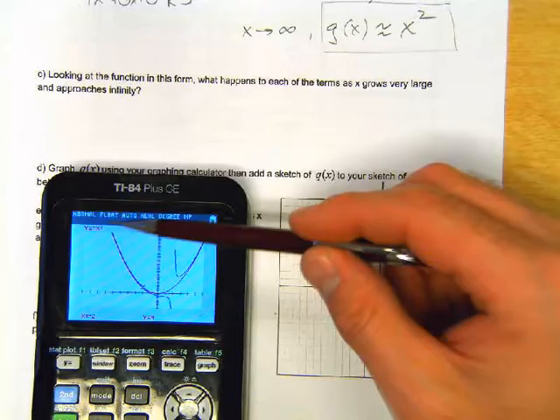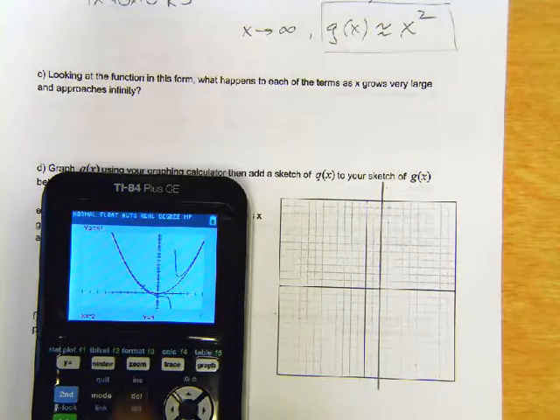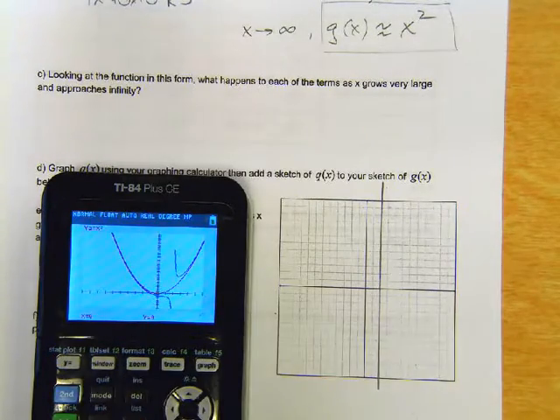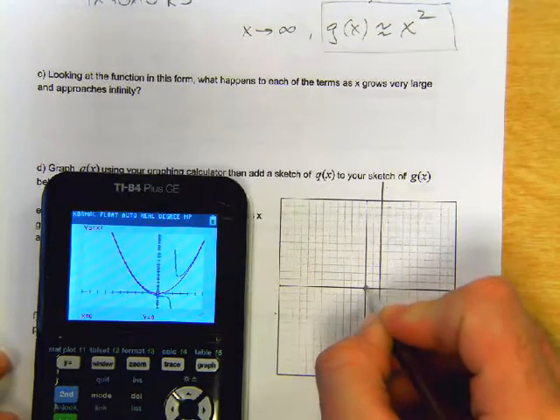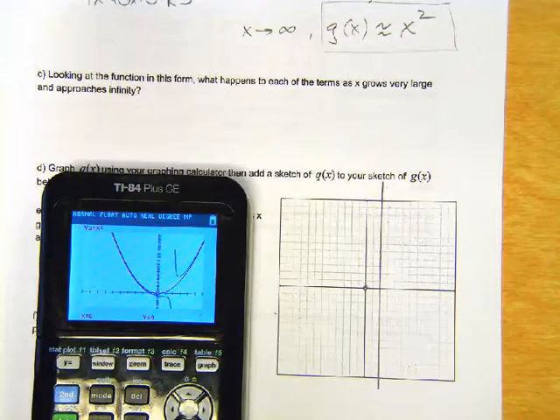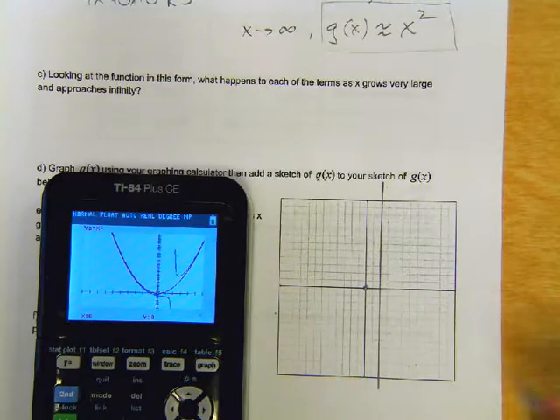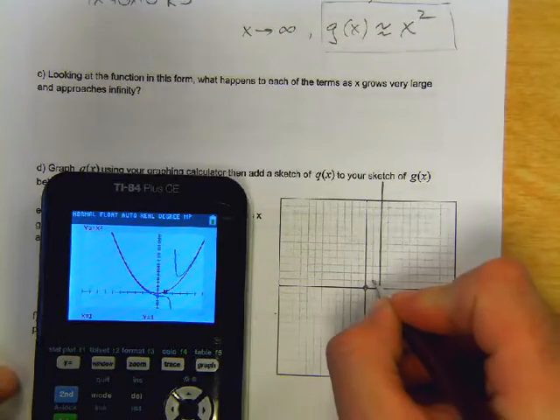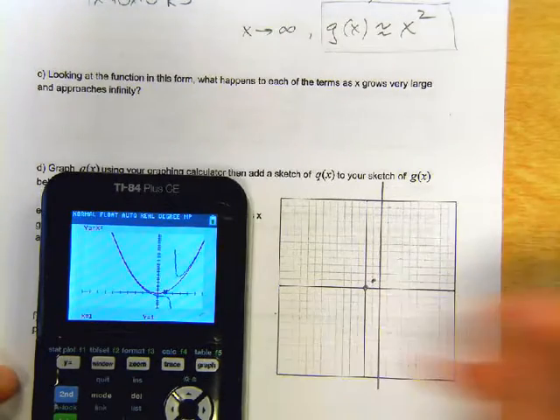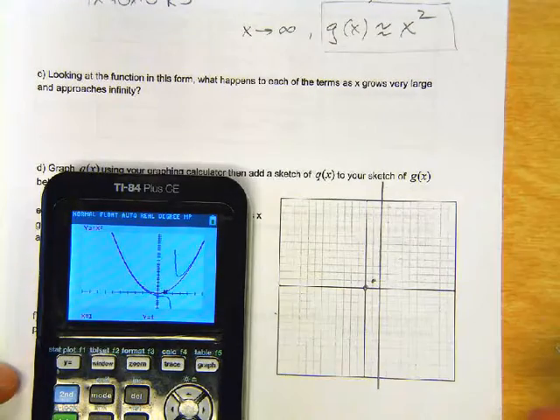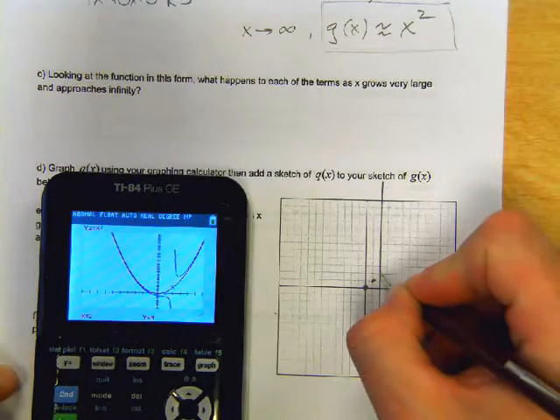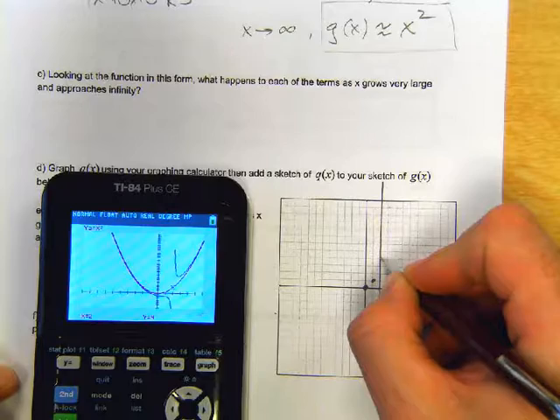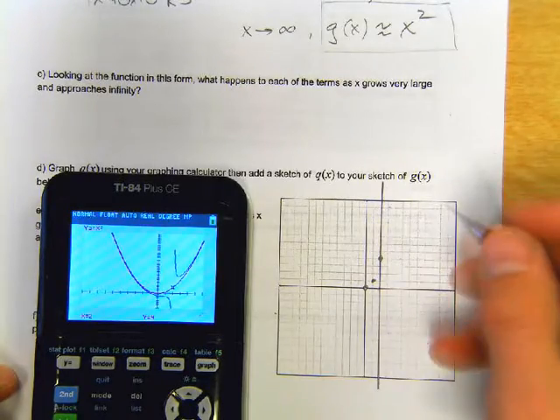So I'm going to put, now that we're on the asymptote, I'm going to do 0, enter, and I'm going to get a coordinate for the parabola. And then I'm going to go 1, enter, and get another coordinate for the parabola, 1, 1. 2, enter, so 2, 4 is another coordinate.